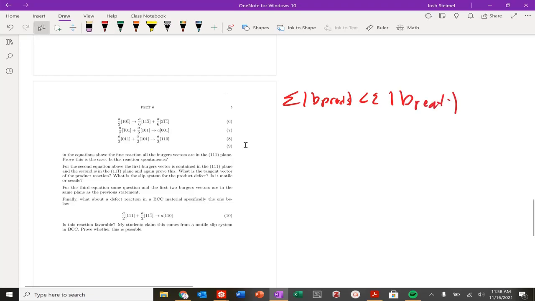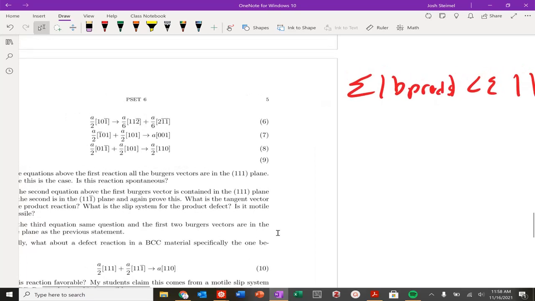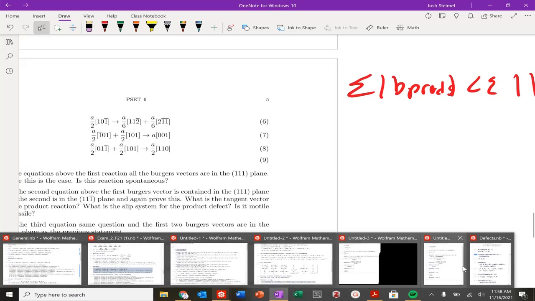Then it is a spontaneous reaction. Why? Because we want fewer dislocations in our material, ideally.